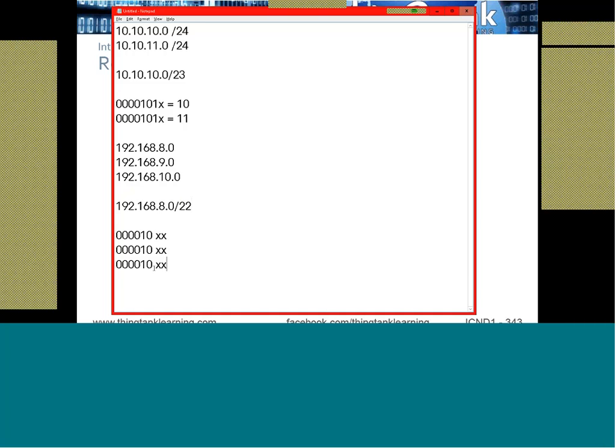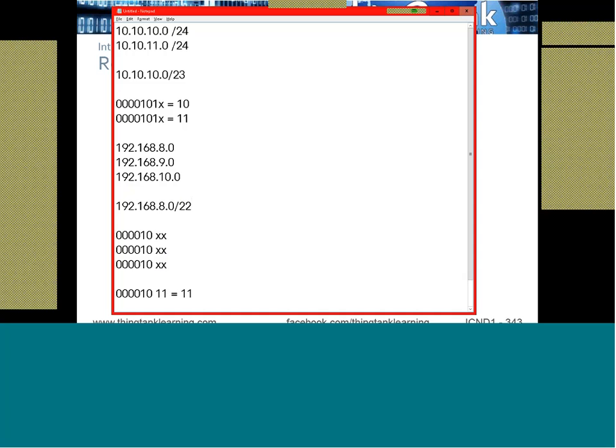Because if these 2 bits can be anything, that means that they can be this, which equals 11. 11 wasn't part of the list. See, the thing about summarization is because it's binary, we're working with binary numbers, you can only summarize in blocks.